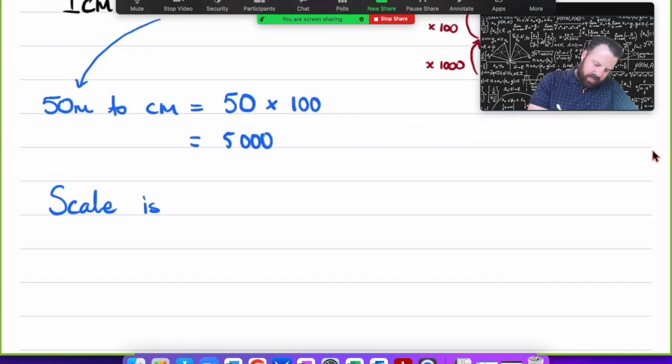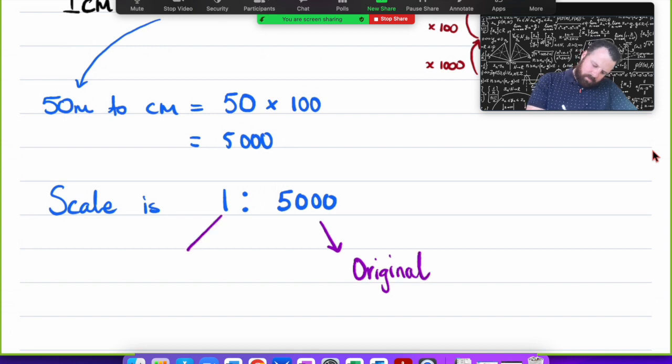So that gives us a scale of 1 to 5,000. Remember, that's the original and that's the copy, and it means 1 unit of measurement on the copy is exactly the same as 5,000 units of measurement on the original.